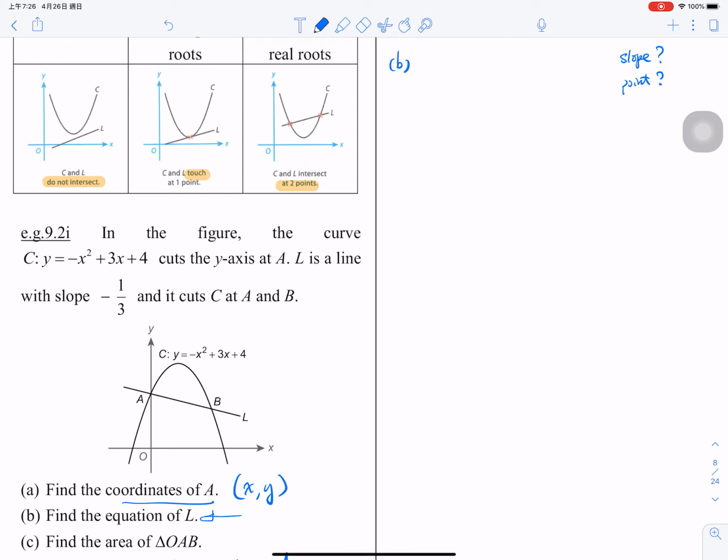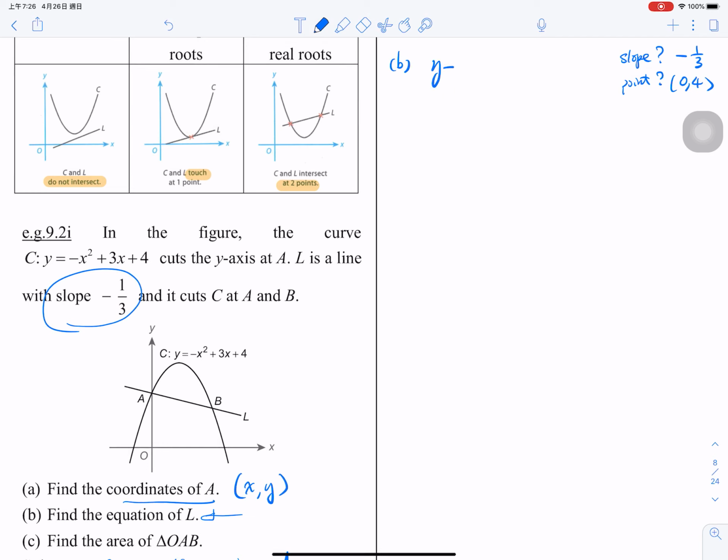If you have the point and a slope, then you can find the equation of a straight line easily. You know the slope, this one equals to -1/3. How about the point? Yeah, point A, just find it. So (0, 4). That means you can find the equation of L. Very good. So let's see.